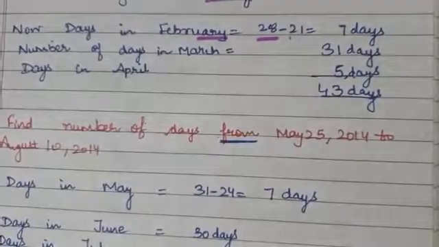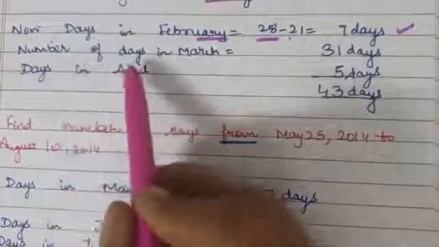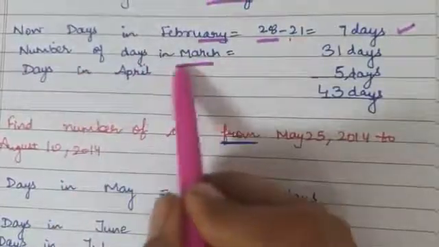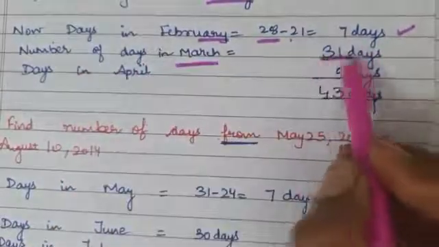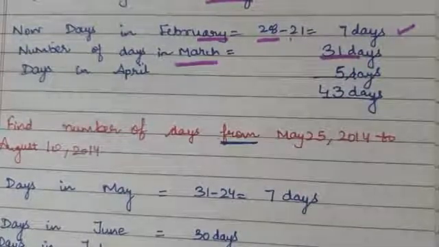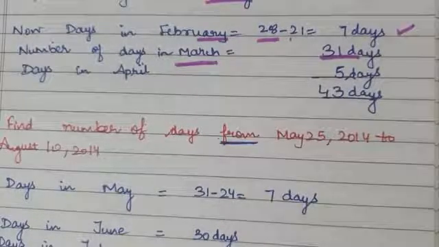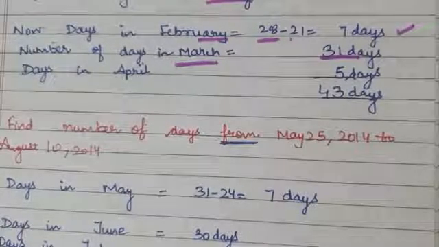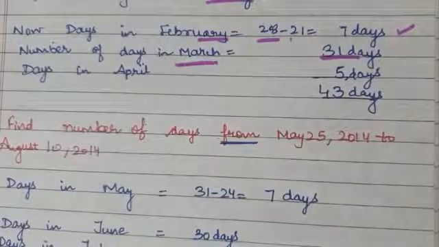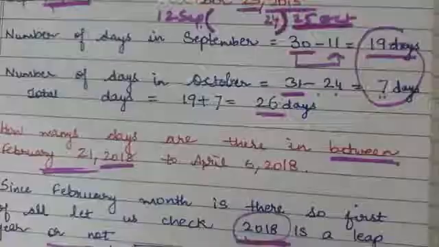So what we get? 7 days. Now the number of days in March will be 31. We will take all the days of March, the whole month, because we have to move to the month of April. So the number of days in April will be what?